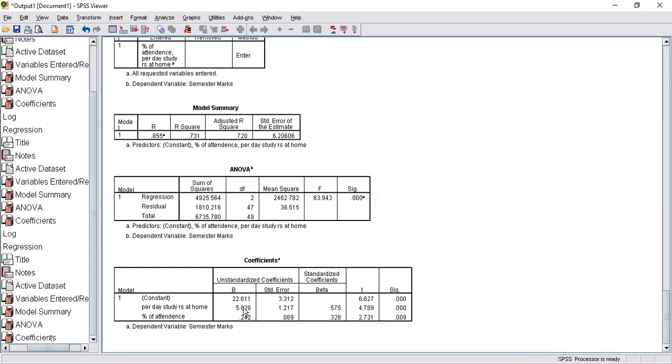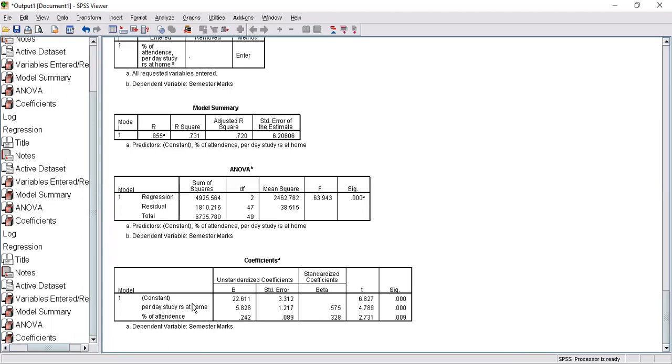But the problem is you can't compare these two values. Why? Because this data is in percentage and this data is in hours. Here the marks change by a 1 hour increase, and here by a 1% increase. So you can't compare these two.